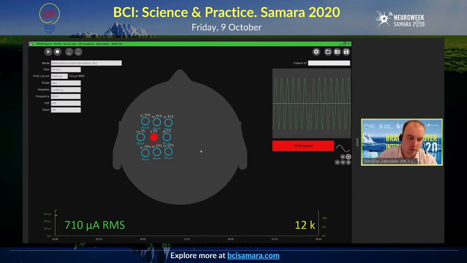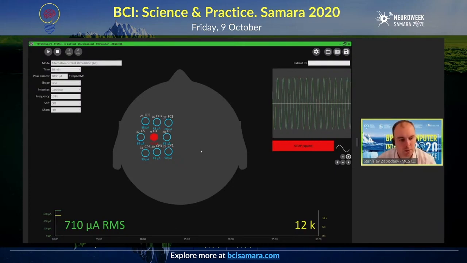This is how it looks, allowing us to localize this stimulation area as compared to a situation where the anode would be at C3 and the cathode would be located contralaterally. But how much current will you get inside? Some of it will go a short way through the skin, and some of it will penetrate the brain. And the more confident we want to be that something will reach the brain, the more current we set.